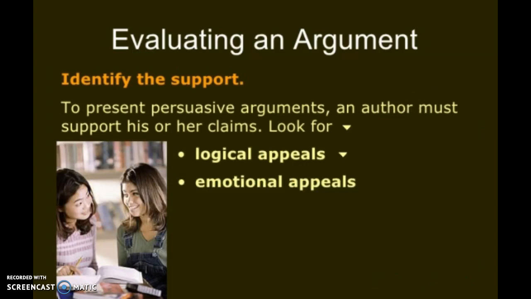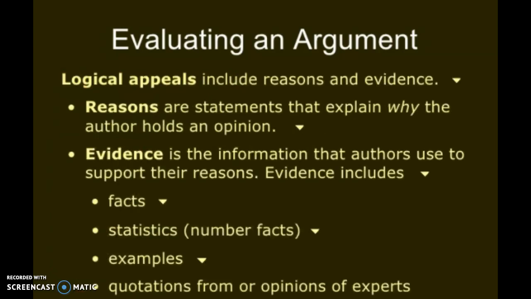Another important thing with evaluating an argument is the ability to find the support or identify the support. So you're going to do that by looking at a persuasive argument and look for the claims that the author has, and then you're going to look for different kinds of support that they have. They're either going to provide a logical support or an emotional type of support.